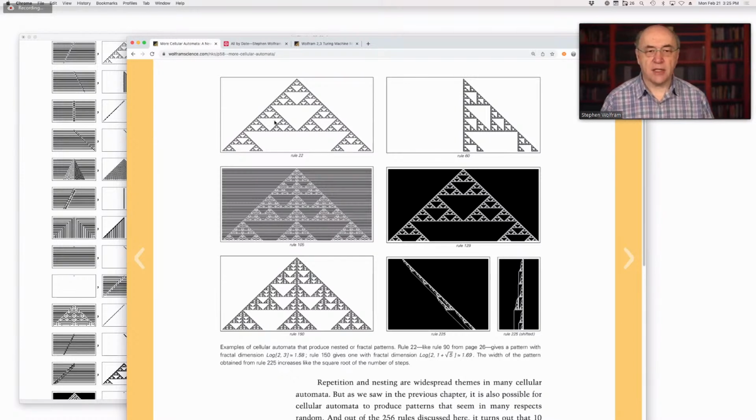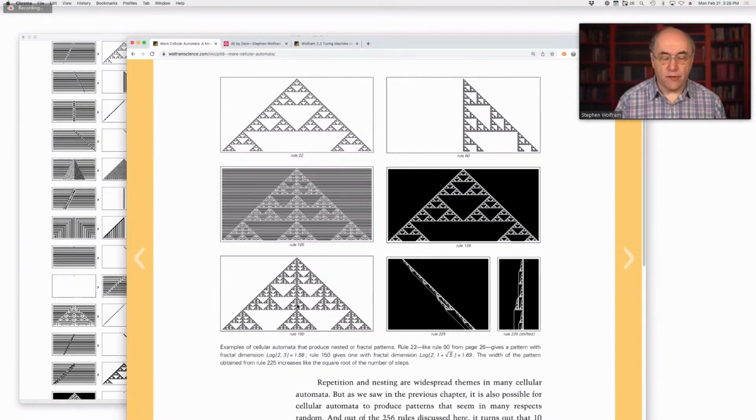And that's what leads to this not being of integer dimension, but of a fractional dimension, in this particular case log to the base 2 of 3, which is about 1.58. The other cases, there are a couple that are distinctly different.